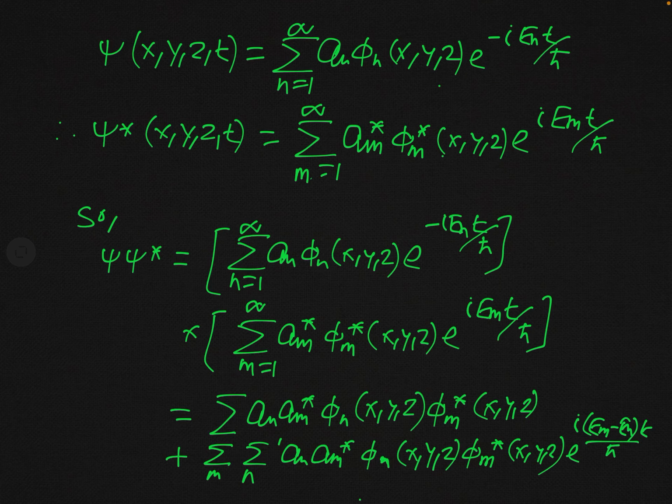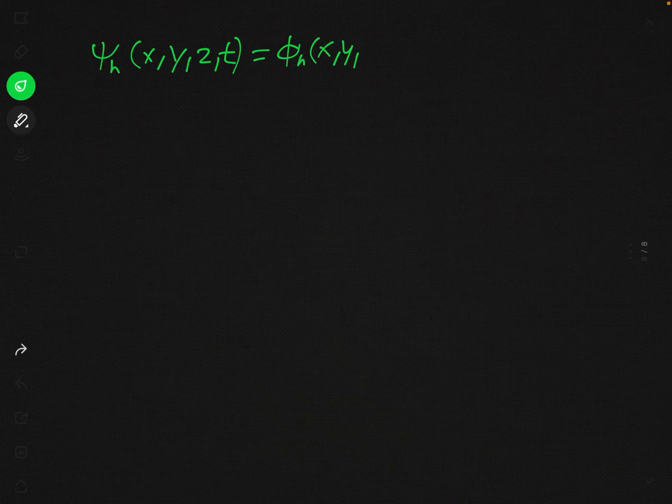So in this condition we take only a particular value of n, and the wave function, let us say psi_n of x, y, z, t, is written as phi_n of x, y, z times e raised to the power minus i E_n t over h bar.